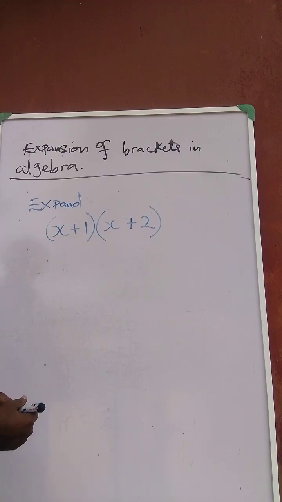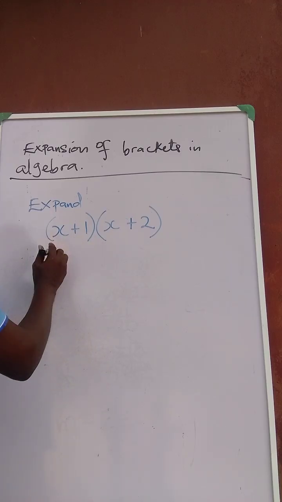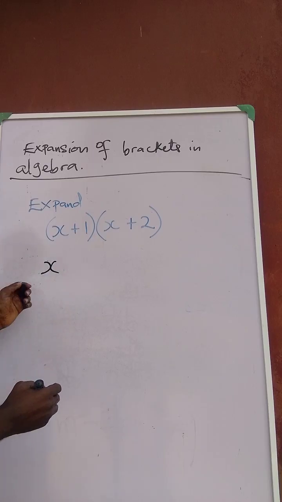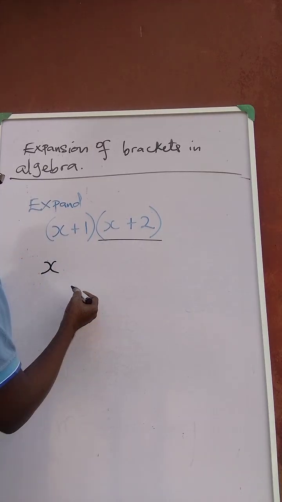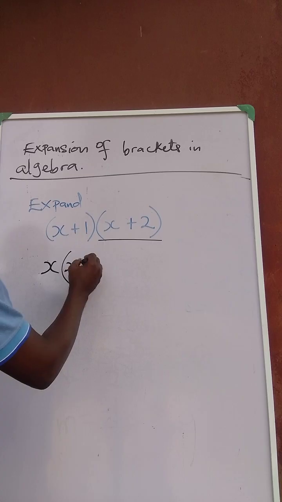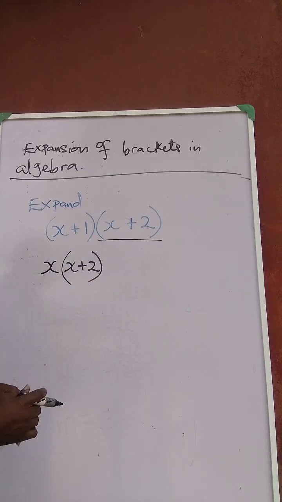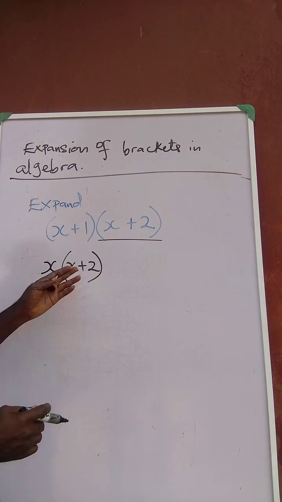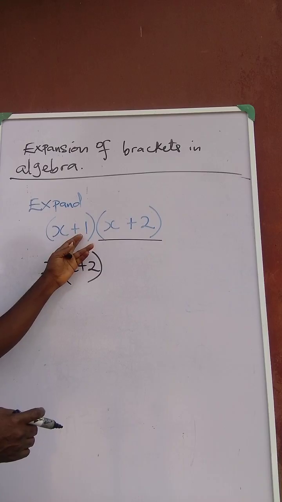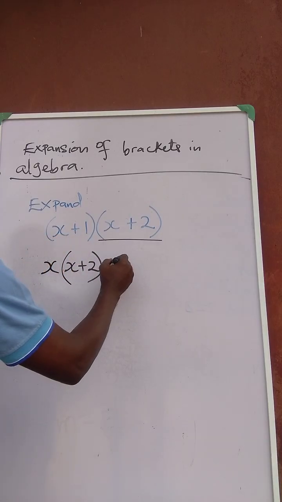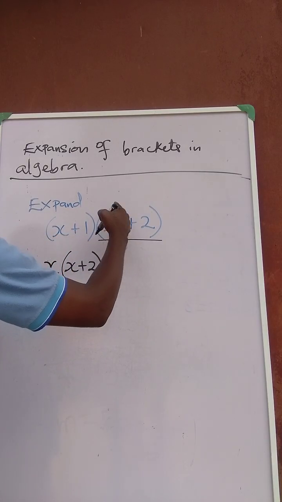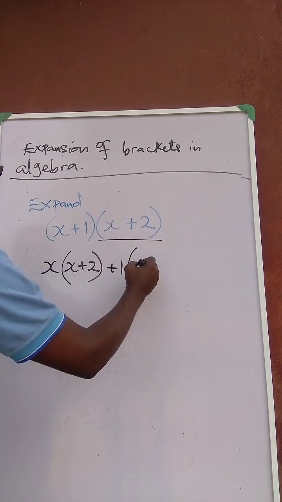This x that is here, we take it out. Then we take everything that is here and multiply it by x. Now, the next thing, we take this plus 1 here, and again we take everything here and multiply it by x plus 2.